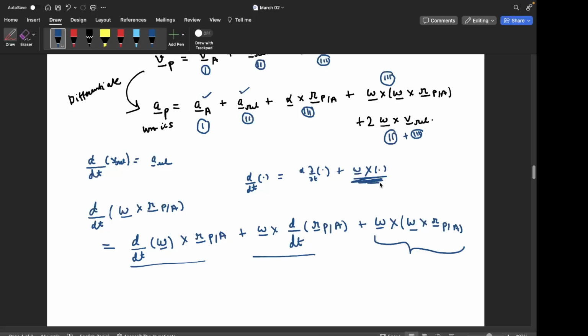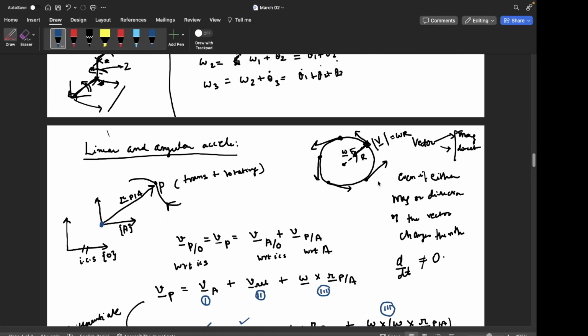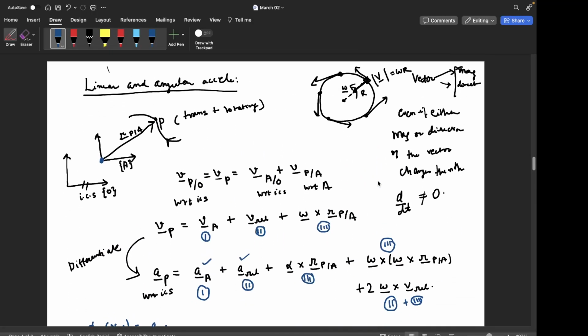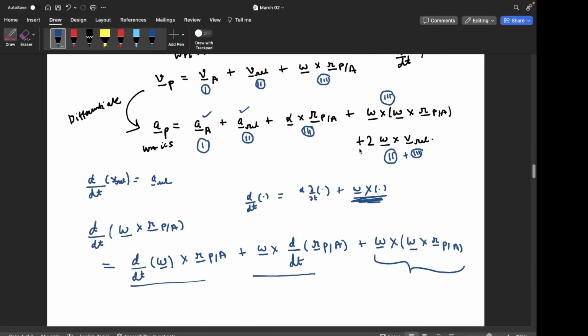This term accounts for the change in direction, the contribution to the derivative due to the change in direction of the frame, right? And I will use the uniform circular motion example here.